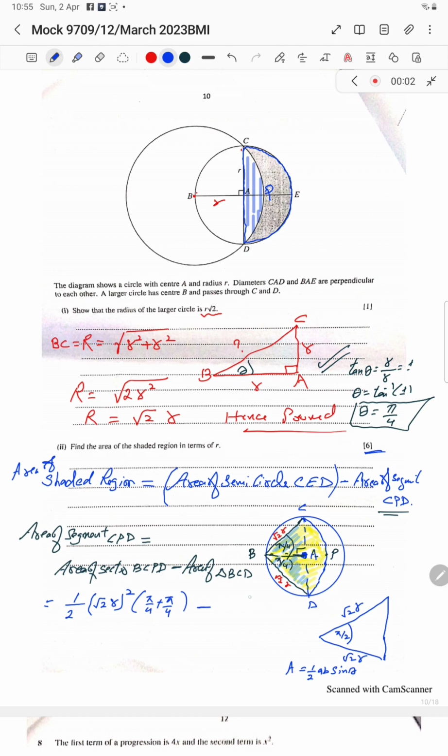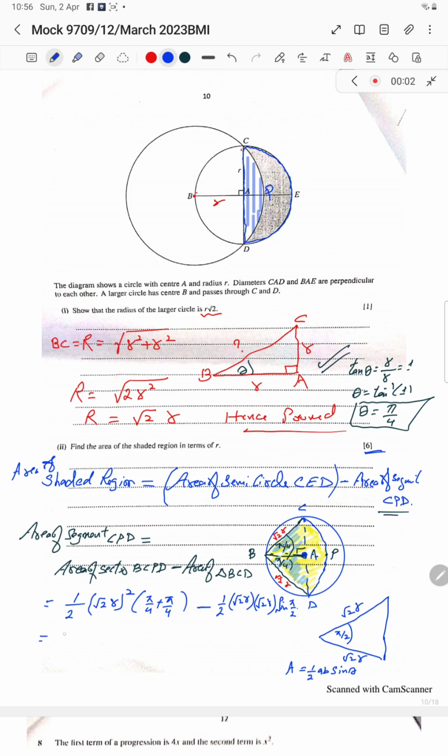So minus 1 by 2 times square root 2 r, again times square root 2 r, and theta is pi by 2. Sine pi by 2, right?